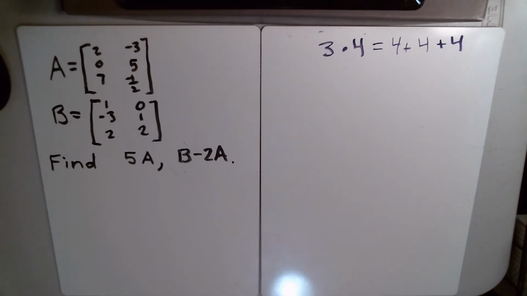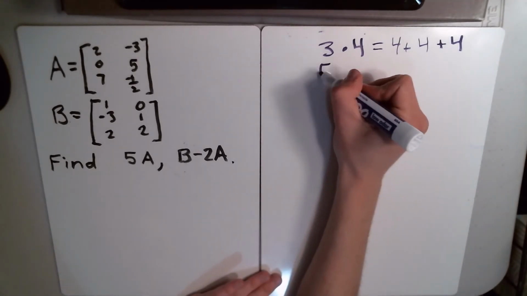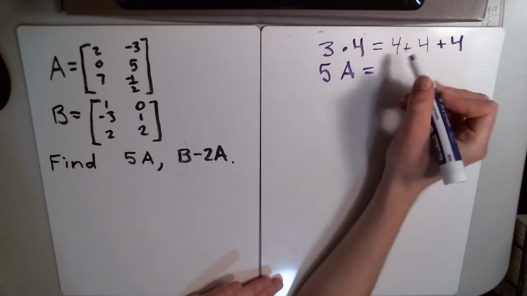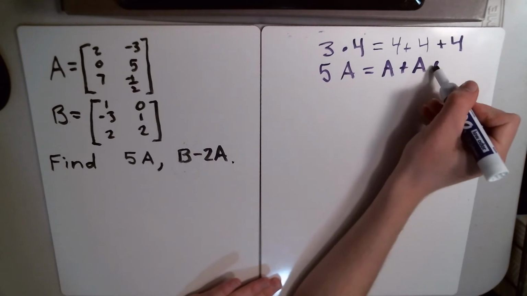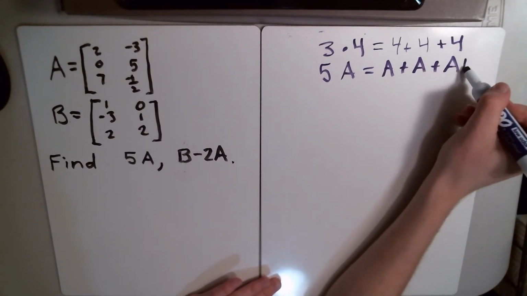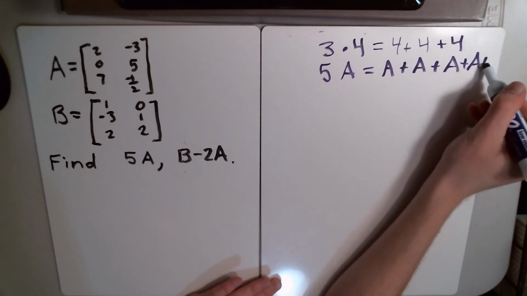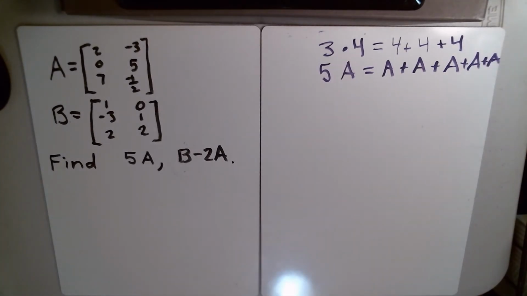So when I say I want to find 5 times A, 5 is a number and A is a matrix. 5A is going to be the matrix A plus the matrix A, 5 times. So I'm going to add the matrix A to itself 5 times in order to get 5A.